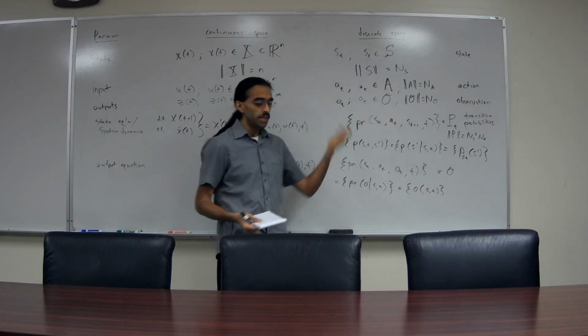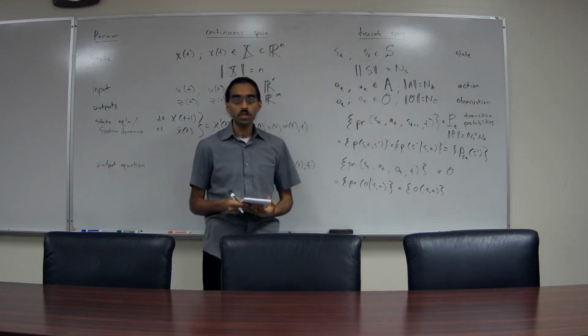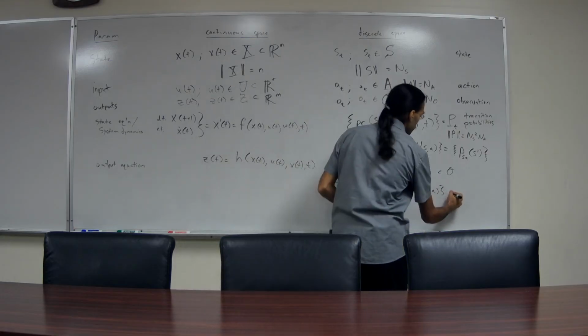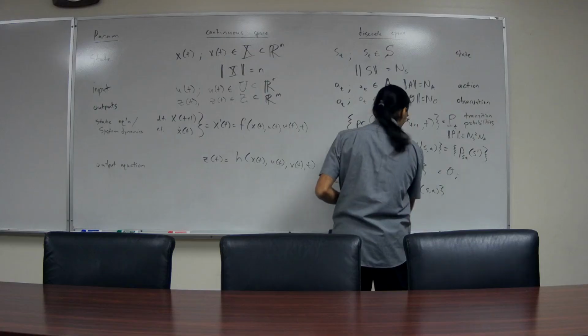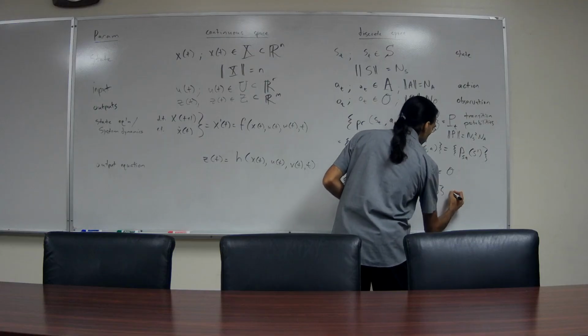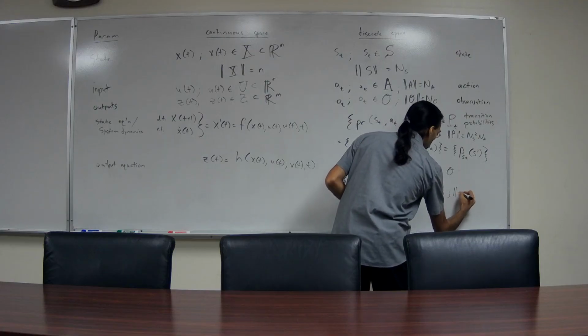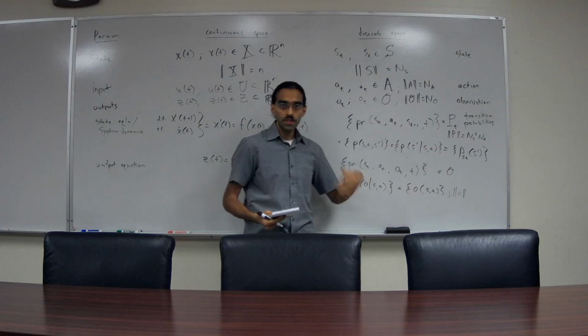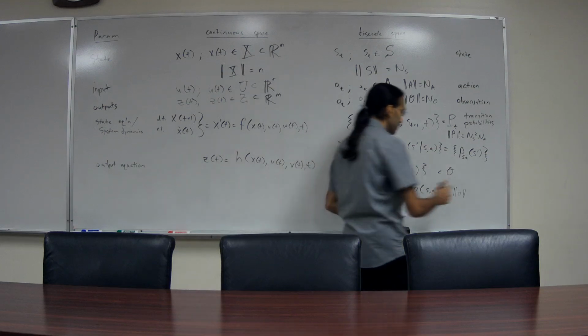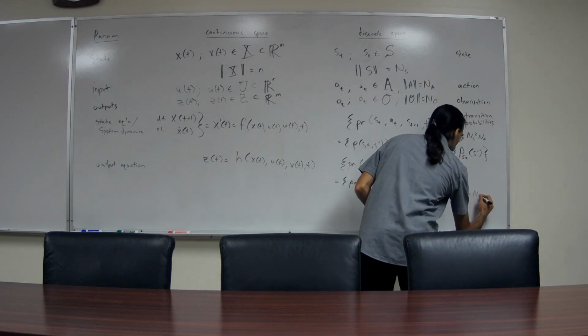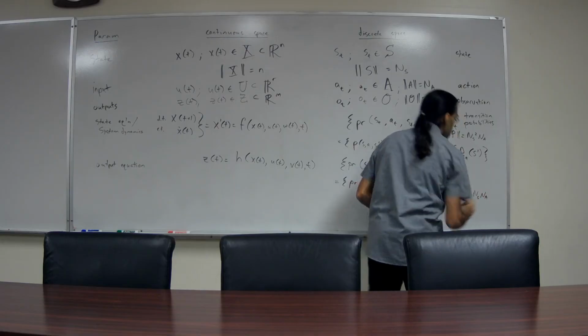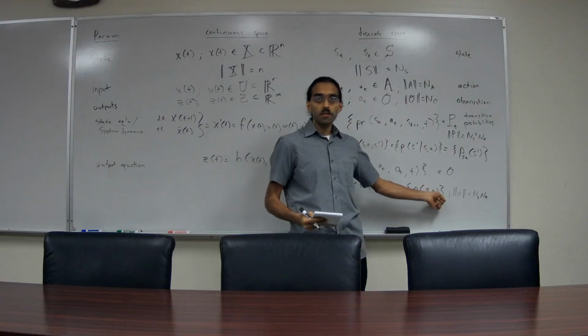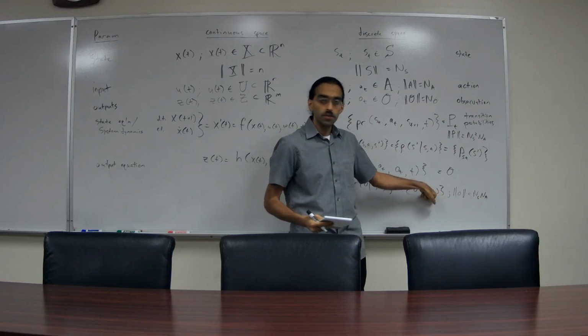And a function in a discrete world is no more than just another set. So go ahead and write this down. The size of each set that describes an observation is just the number of states times the number of actions, the number of state-action pairs.